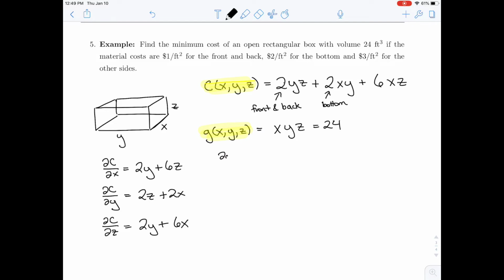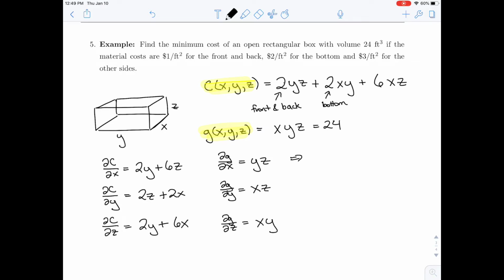Now, dg dx, the derivative of the constraint, is going to be yz. dg dy, that derivative is going to be xz. And dg dz, that derivative is going to be xy.